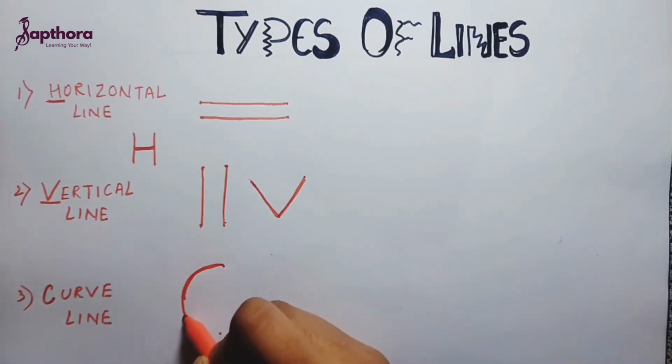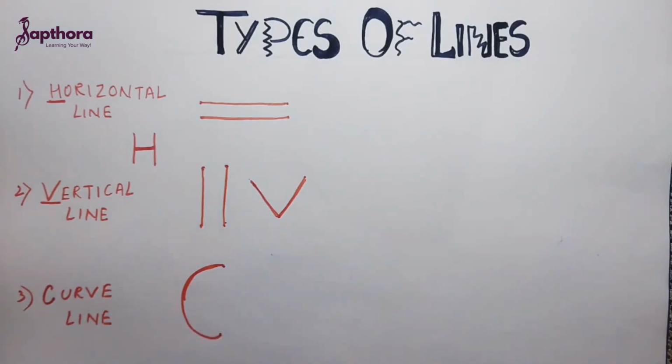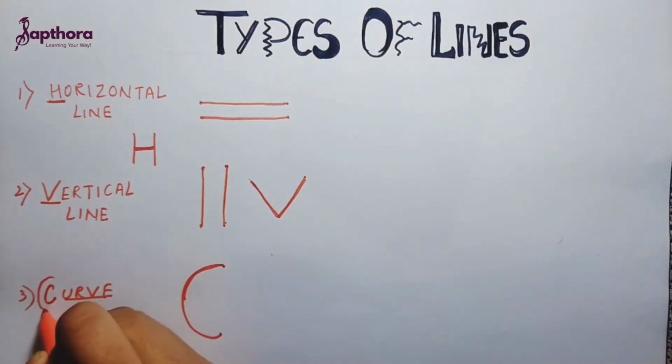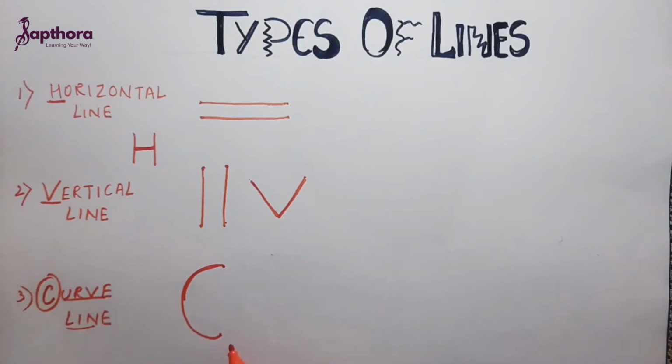It will expand and then again go and meet the point. So here's the easy way to remember this: a curve line is itself the first letter of the word, that is C. It can go in any direction, like if the points are placed here, you can join it like this. If the point is here, you can join it like this.